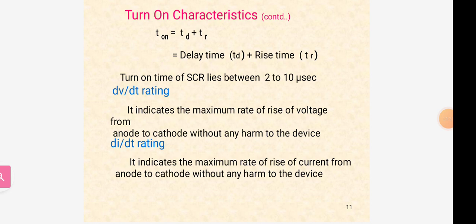dV by dt rating indicates the maximum rate of rise of voltage from anode to cathode without any harm to the device. di by dt rating indicates the maximum rate of rise of current from anode to cathode without any harm to the device.